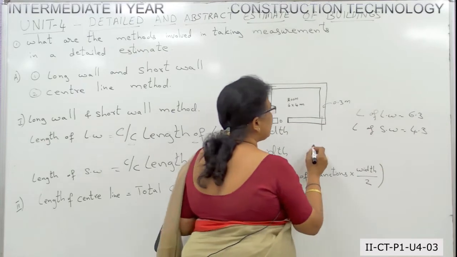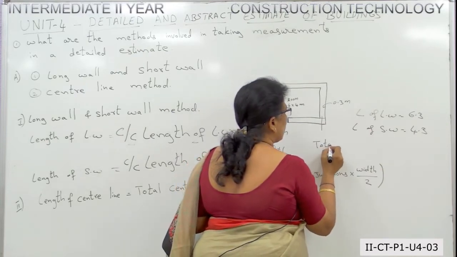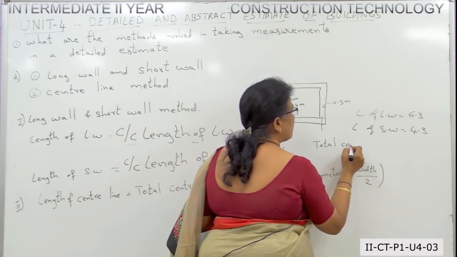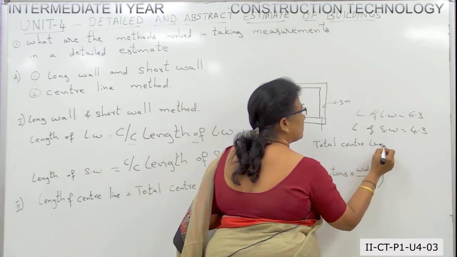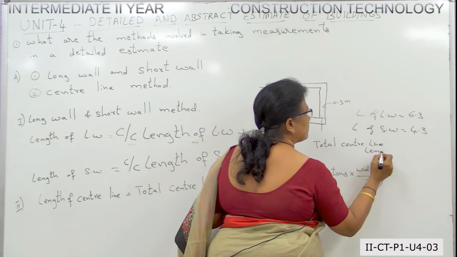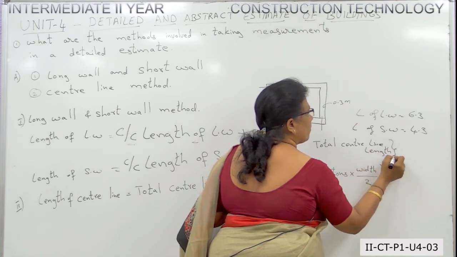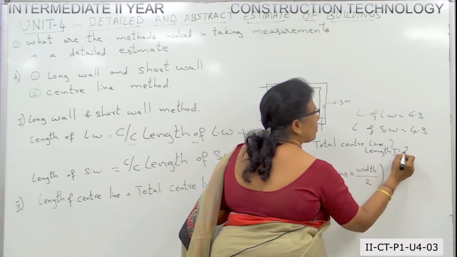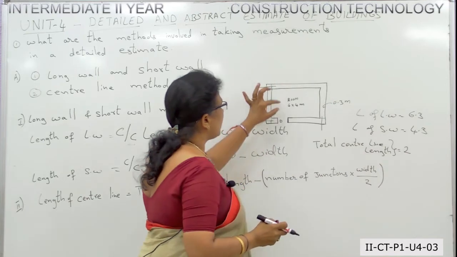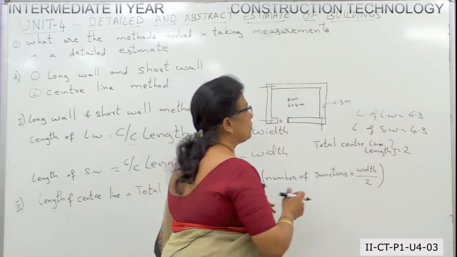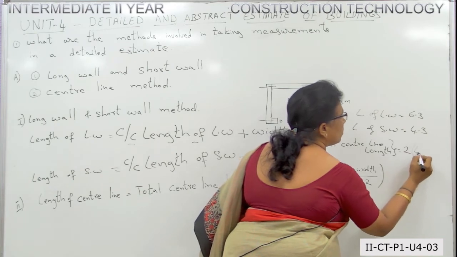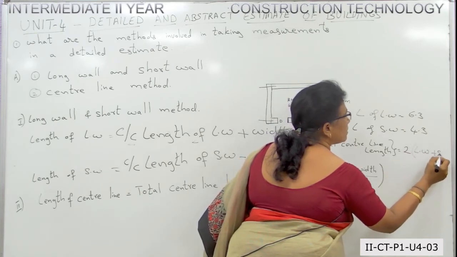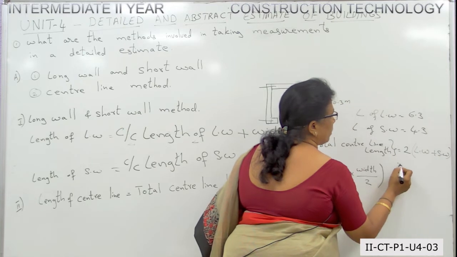So when you calculate the total center line length, you have to calculate that there are two long walls and two short walls. So 2 into long wall plus short wall.